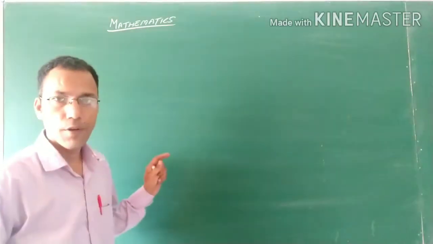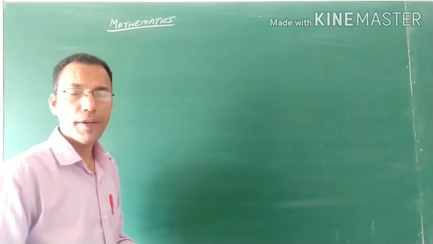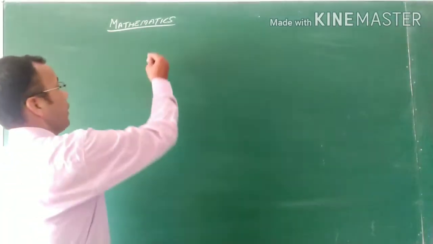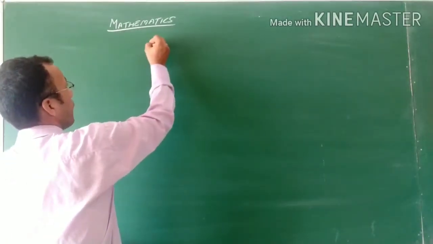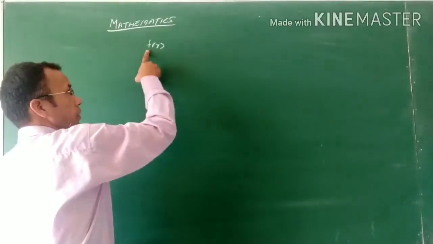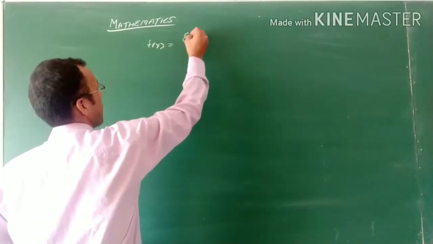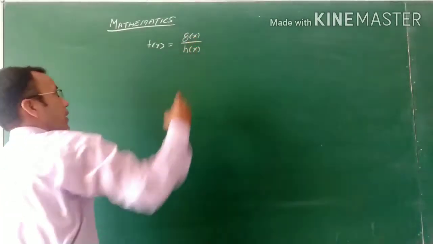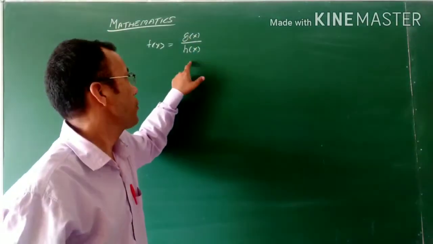Students, first, if there is a fraction, then what do we do? See, if a function is like this: f(x) is equal to g(x) upon h(x), a function with variable x, and g and h are other functions.